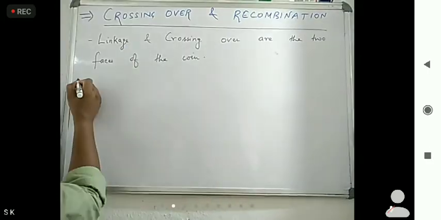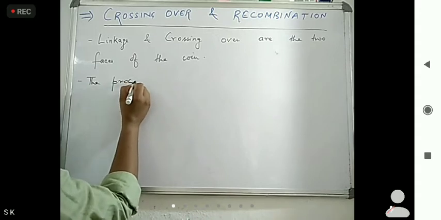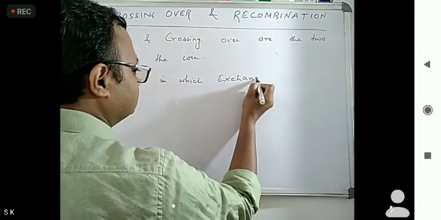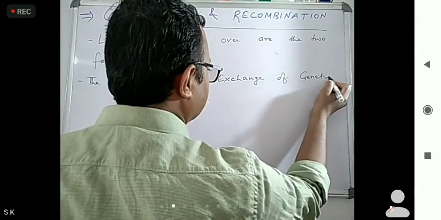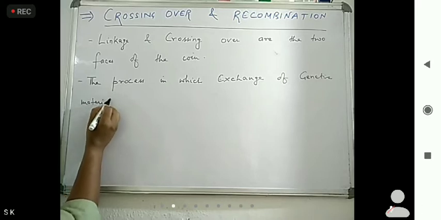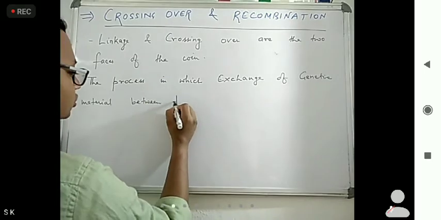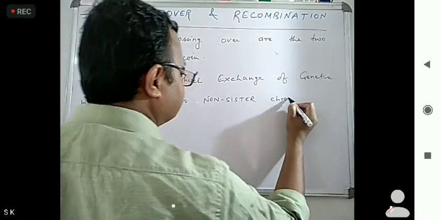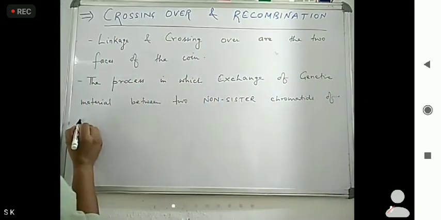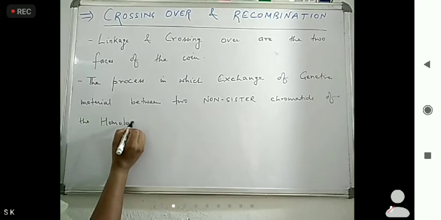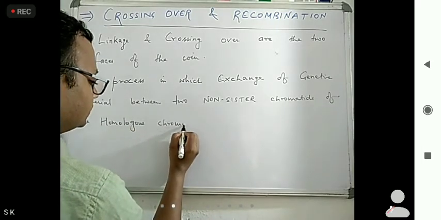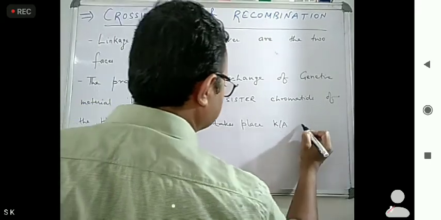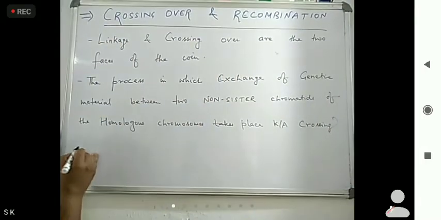So what we can say, the process in which exchange of genetic material between two non-sister chromatids of the homologous chromosome takes place is known as crossing over.